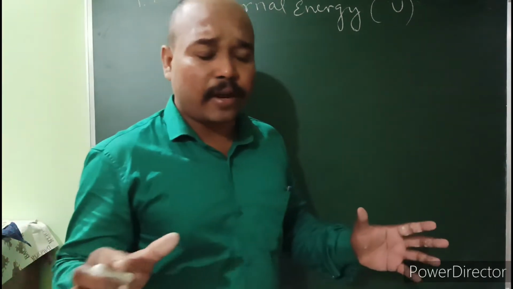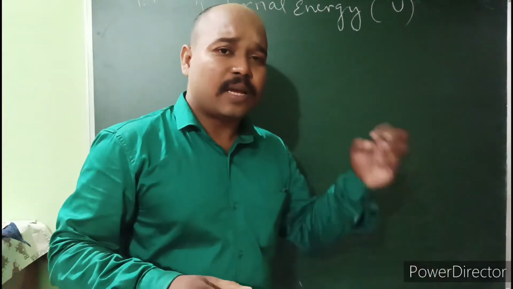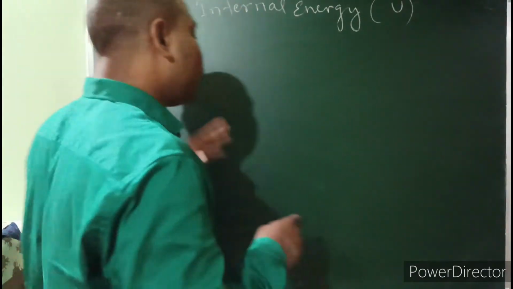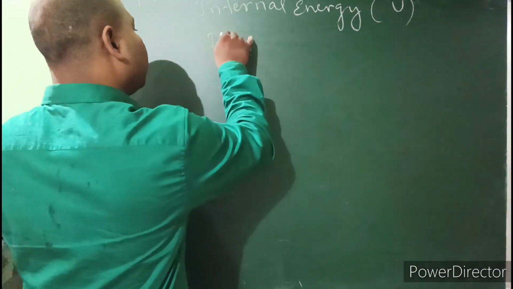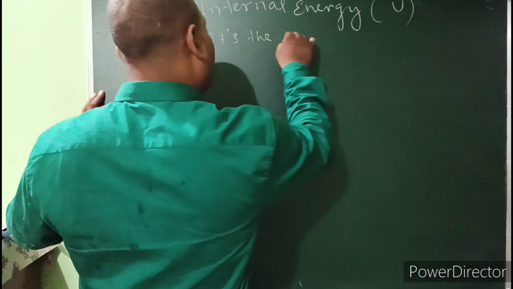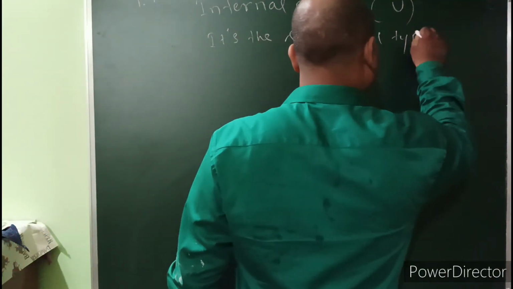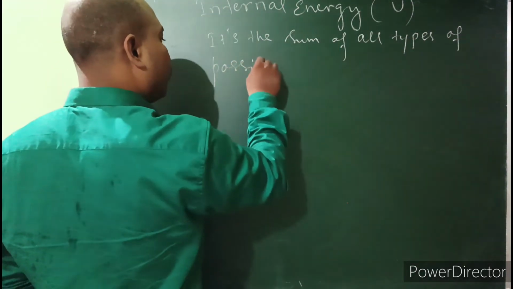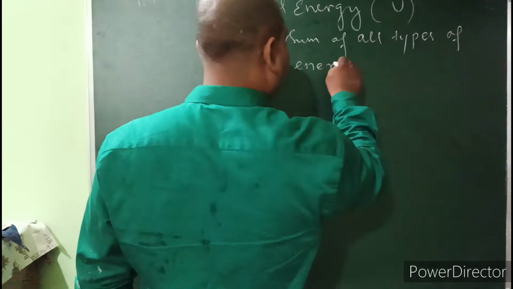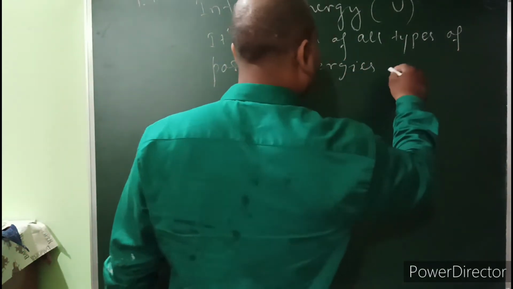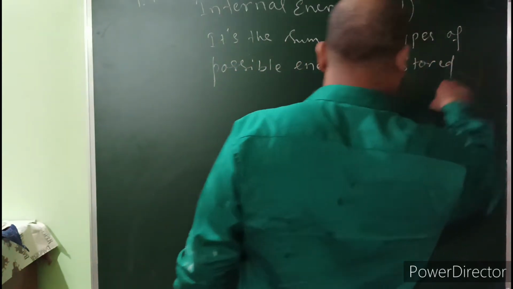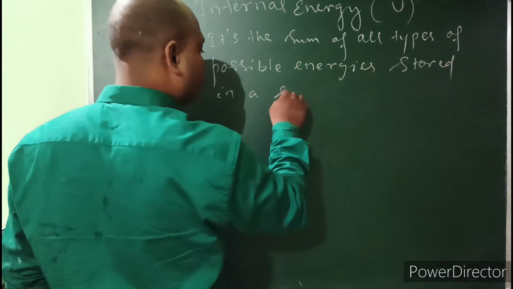Whatever the type of energy stored in a system is called internal energy. It is the sum of all types of possible energies stored in a system.